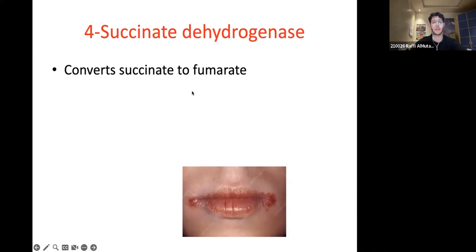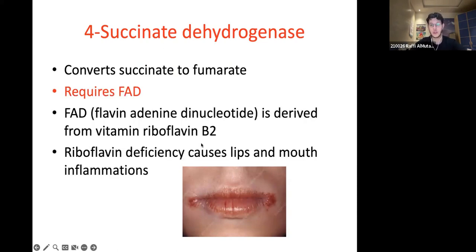If it's deficient, it's going to lead to dermatitis. Dermatitis is inflammation of the skin, and usually the dermatitis that happens in riboflavin deficiency is on the lips and mouth. Dermatitis, B2 deficiency, no FAD, related to the succinate dehydrogenase step, usually on the mouth and lips. Is that more clear?